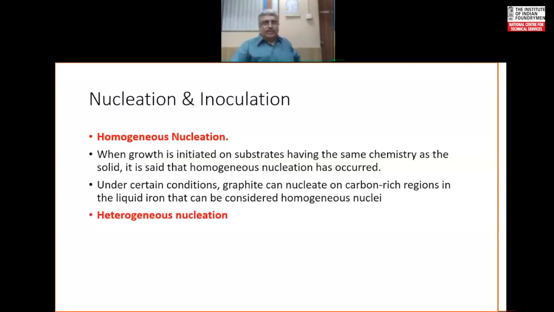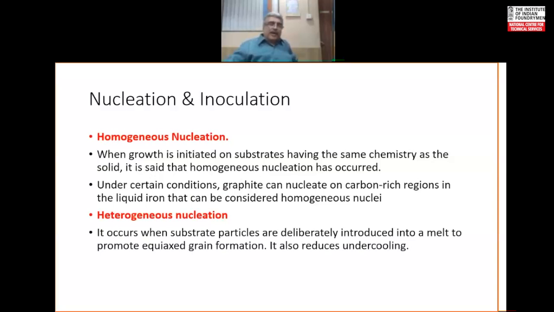Heterogeneous nucleation occurs when you provide substrate particles deliberately from outside. They are introduced into the melt to promote equiaxed grain formation. Automatically, there is no need for undercooling. The free energy requirements are already ready-made, with particles where the surface already exists, and solid has been introduced into the melt.